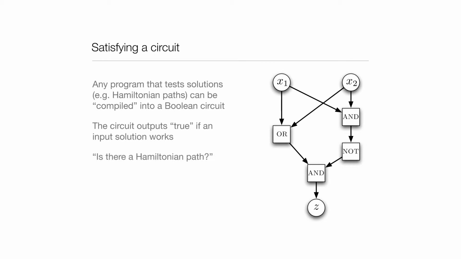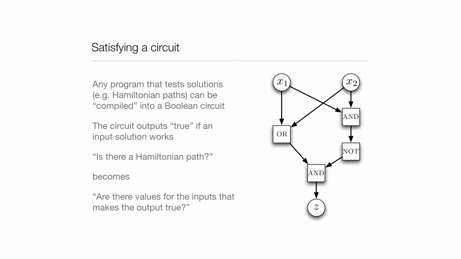Well, we've used the fact that Boolean circuits can do computation, which is why we build computers out of them. Each one of these gates is a couple of transistors, basically. And we've taken our original question, does your friend's graph have a Hamiltonian path? And we've translated it into this question, is there a way to feed inputs into this Boolean circuit so that the output is true? Okay?